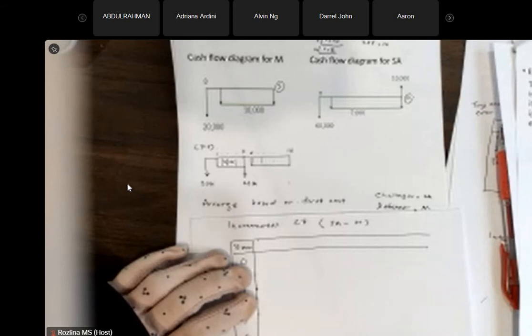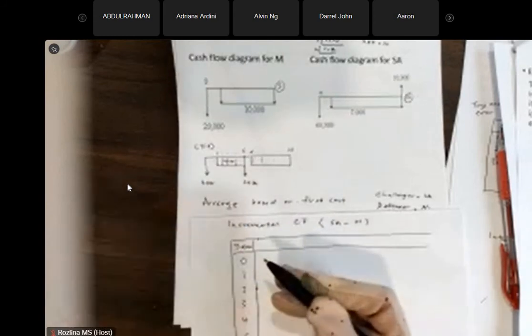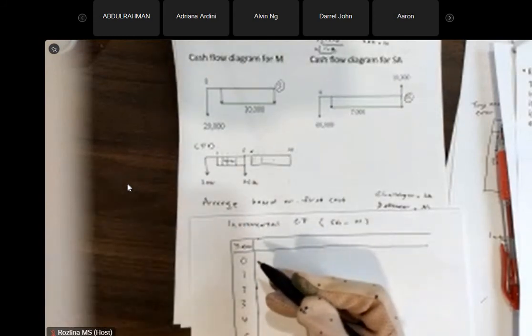Okay. Salvage value 10K. Sebenarnya nak combine ni kejap.